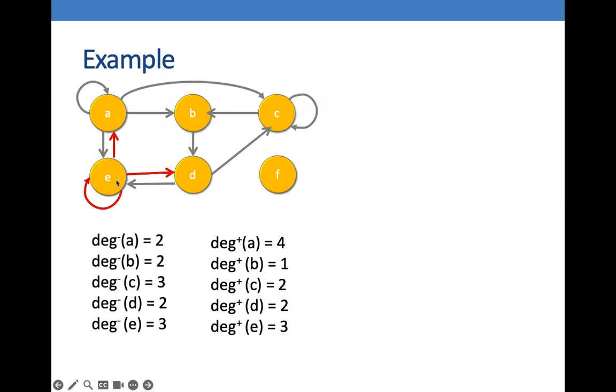And all edges coming out, so we count 1 again for the loop, and then E to A and then E to D, so that is equal to 3. And then for F, since F is an isolated node or vertex, there are no edges coming in or coming out of F. So we can then say that its in degree and out degree is equal to 0.